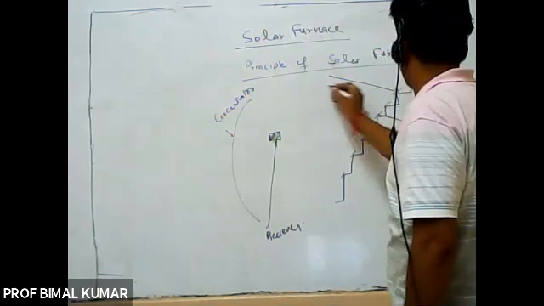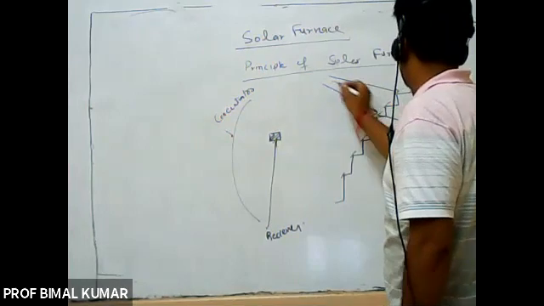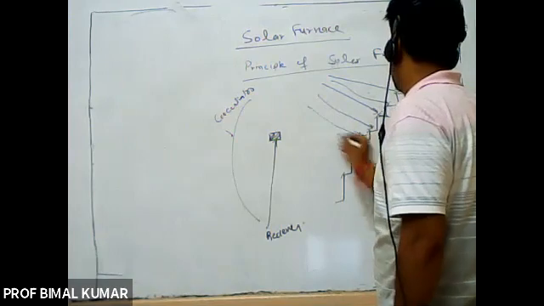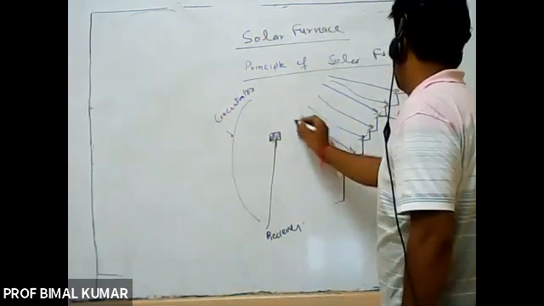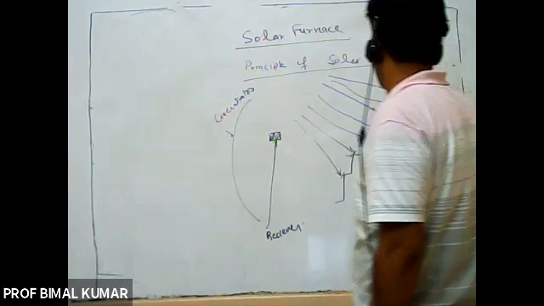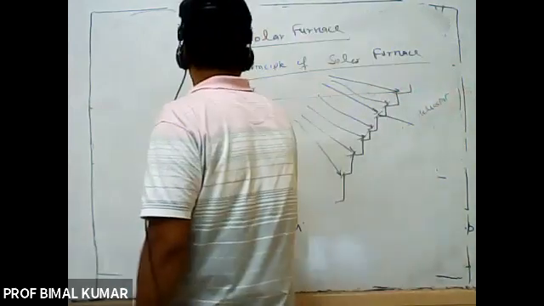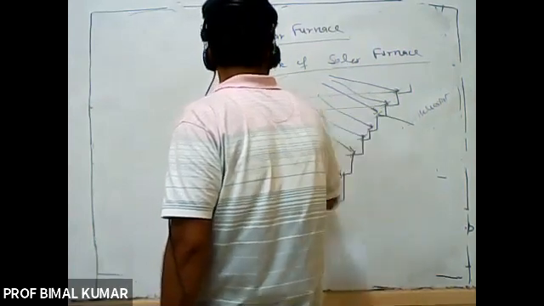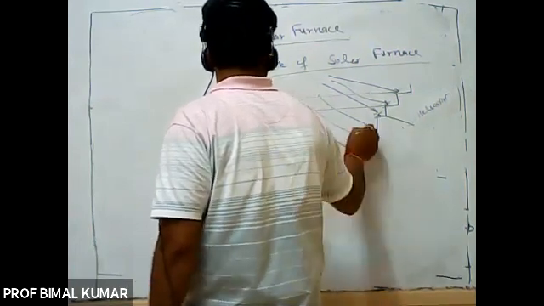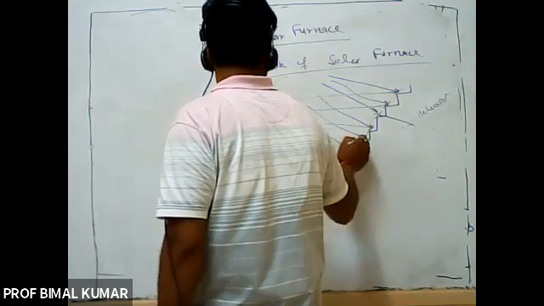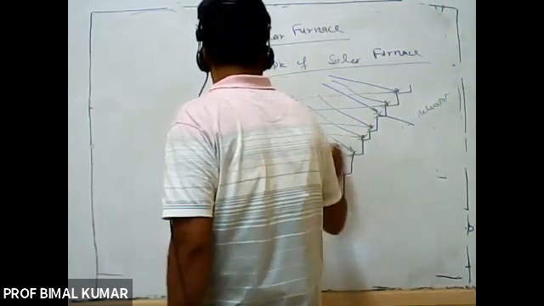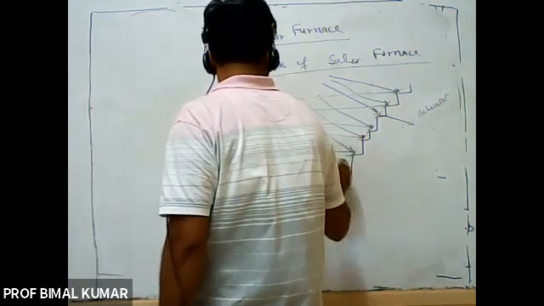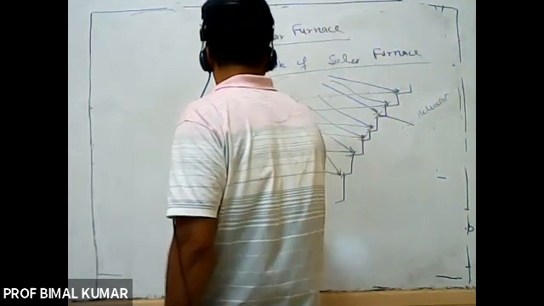Radiations will fall on the heliostat, and after falling on the heliostat, they will be reflected towards the concentrator. Like this.